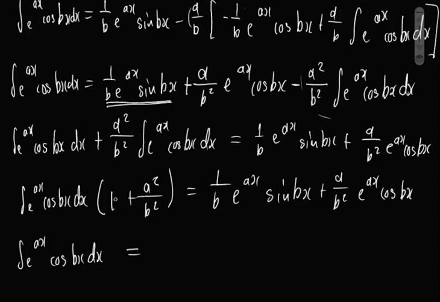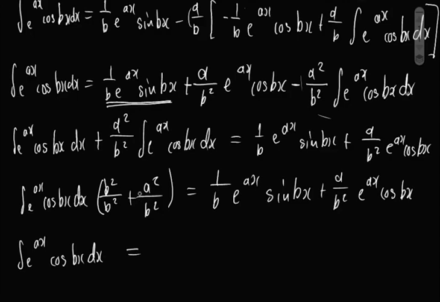If I had 1 plus a squared over b squared, this is the same as saying, if I want to put 1 over b squared, I'll multiply it by b squared, isn't it? And it becomes b squared over b squared.